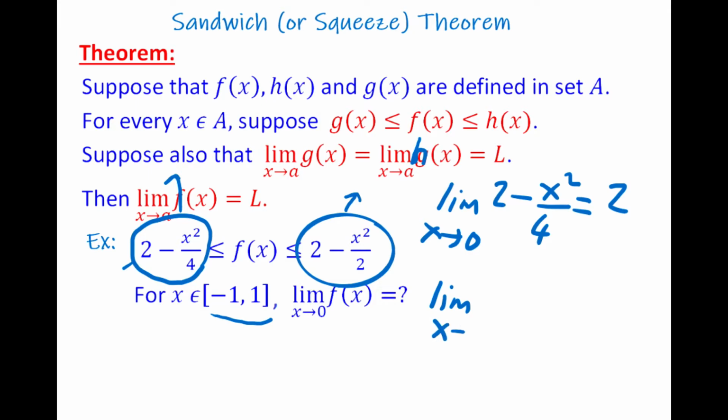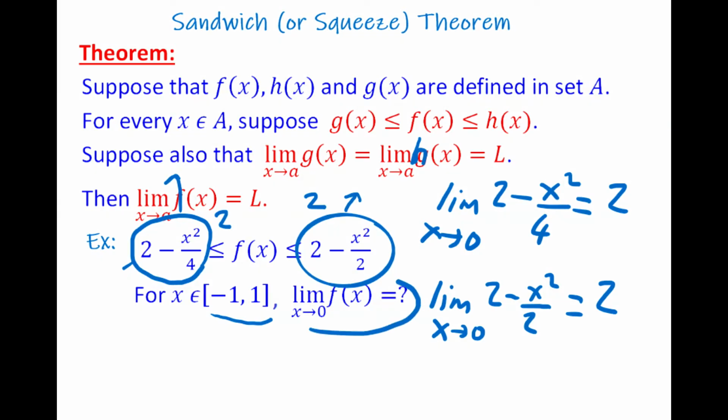When x goes to 0, the limit of 2 minus x squared divided by 2, guys. And again, if you put 0 instead of x, still we're going to have 2 minus 0, which is 2, guys. So as you can see, the left limit is 2 and the right limit is 2 at the point x is equal to 0.